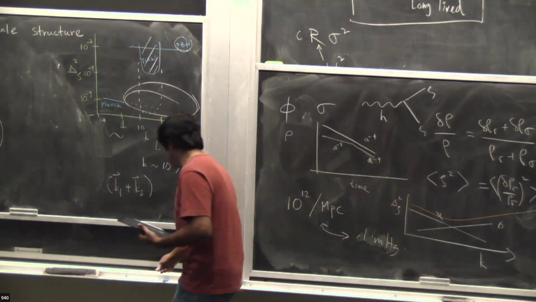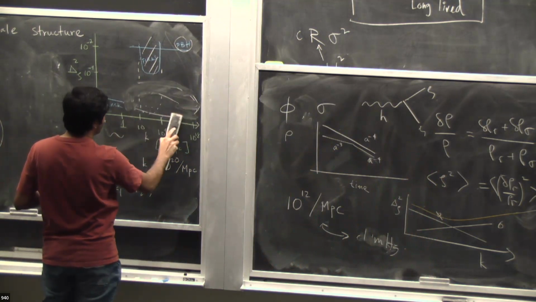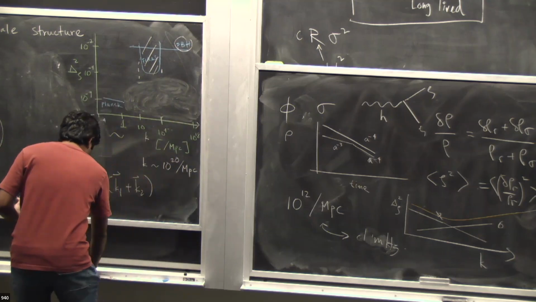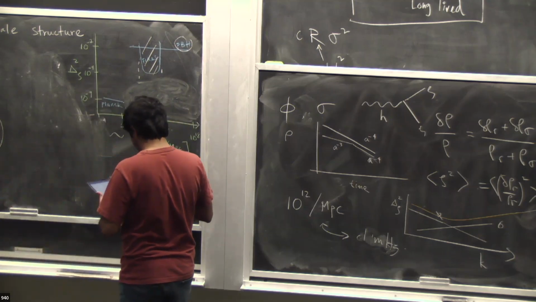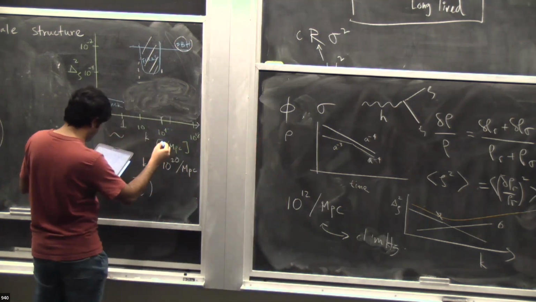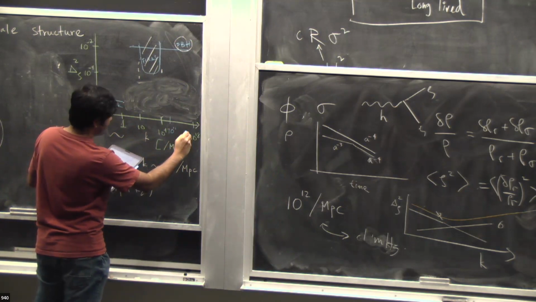Okay, so now if you go back to this plot, then you would notice that you can put in new numbers here, like 10 to the 11, 10 to the 14.